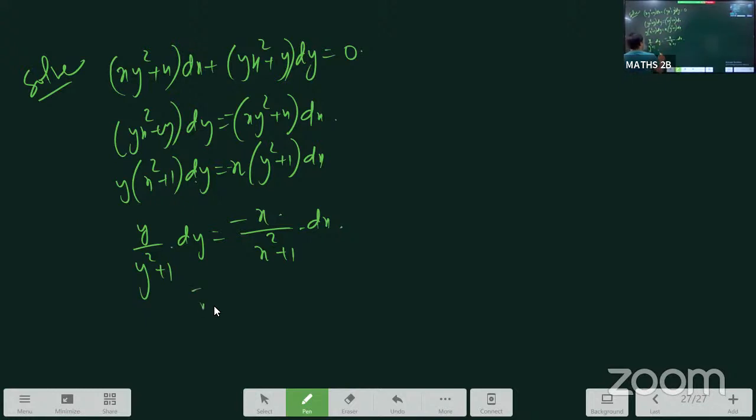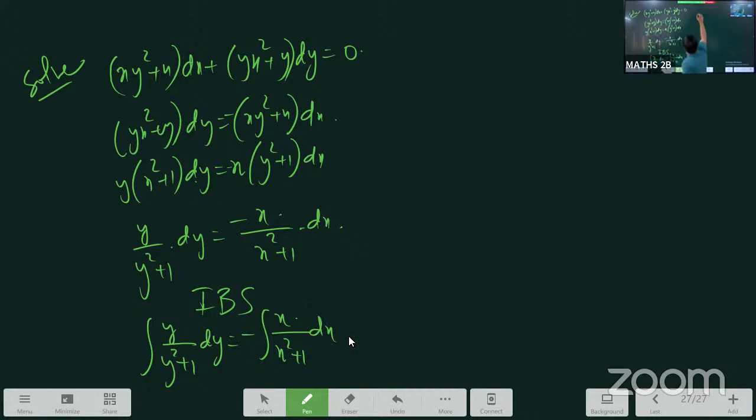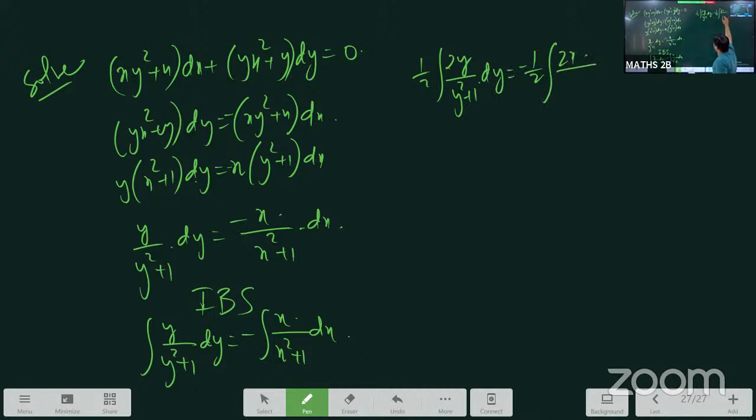Now integrate on both sides. That is the integration of y by (y² + 1) dy minus, outside, x by (x² + 1) dx. Now multiply and divide with 2 so that the derivative of the denominator is present in the numerator: minus 1 by 2, 2x by (1 + x²) dx.